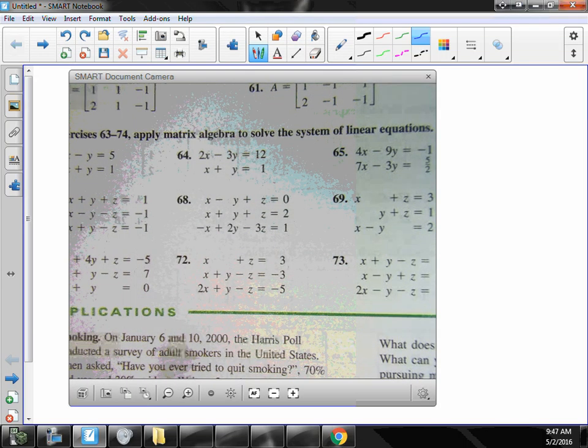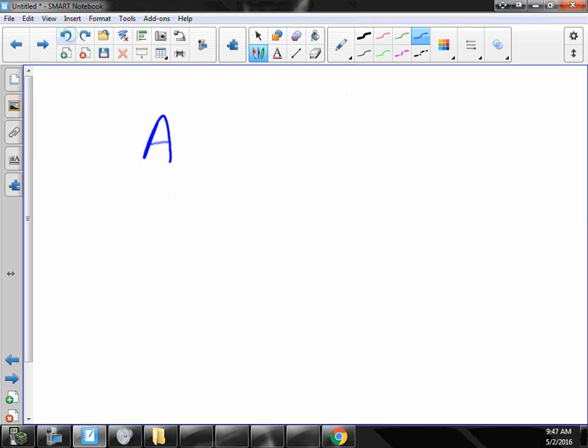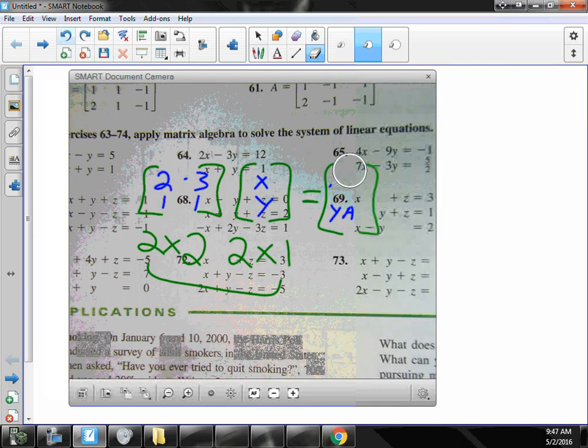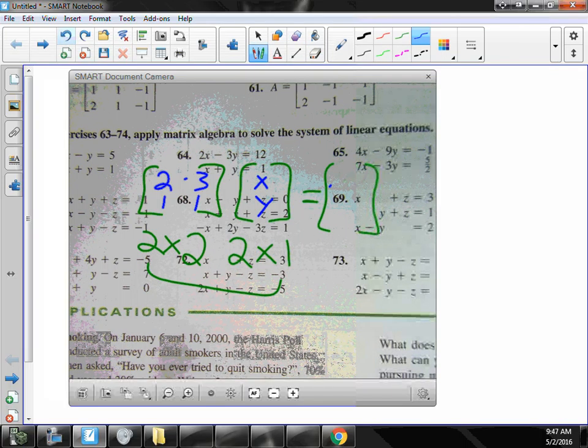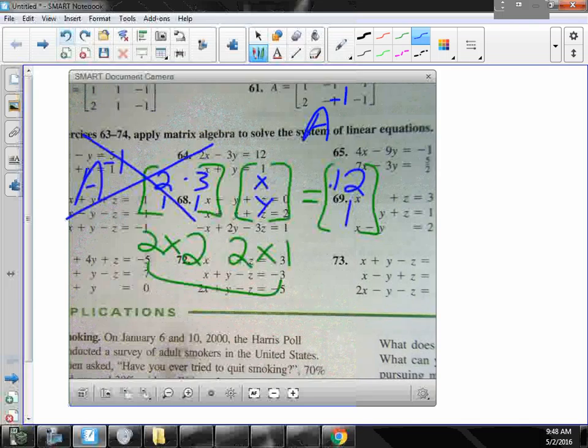So over here I have 12 and 1. If I multiply by A inverse, then these cancel. So the answer to this system is just A inverse times 12, 1. That is the solution.